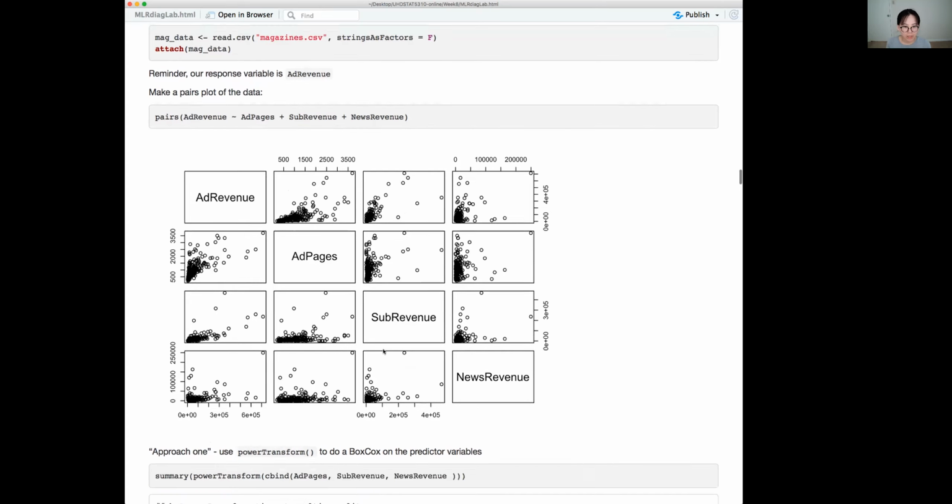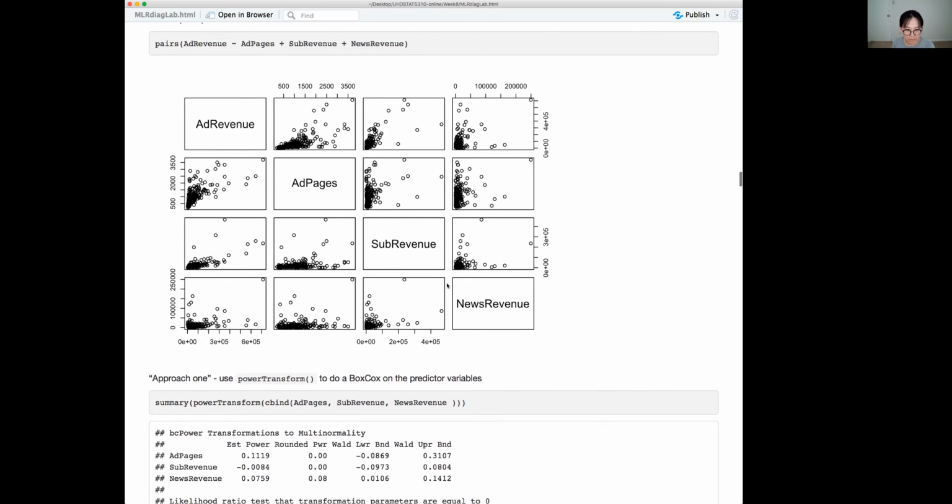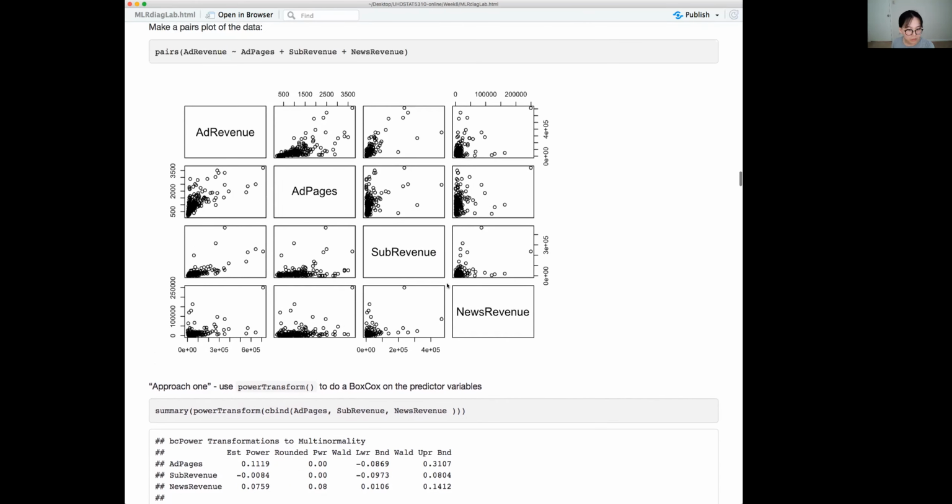And for this one, it looks like all the data clumps together in this corner. For this kind of indicator, I'd use a log transformation to extend them to a larger range. But this is just by looking at the scatter plot. But let's do a power transform.